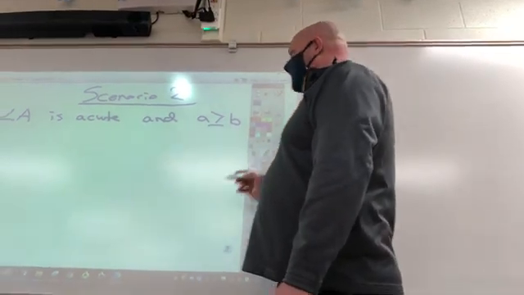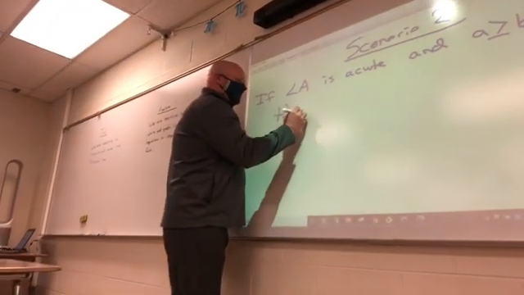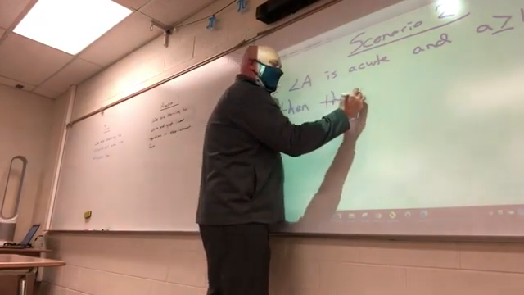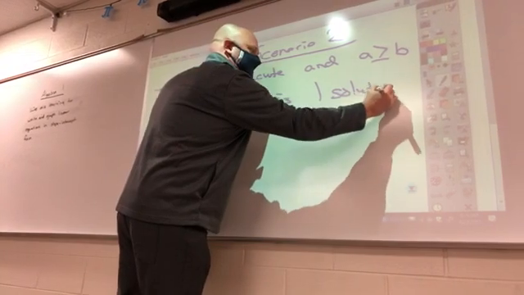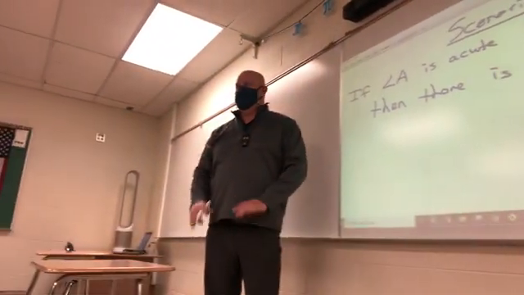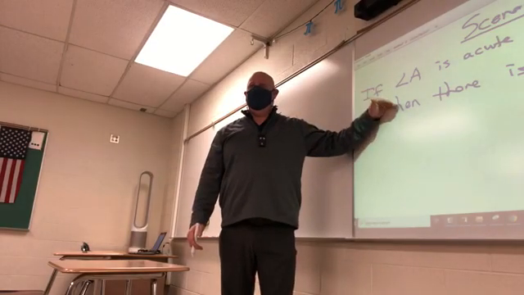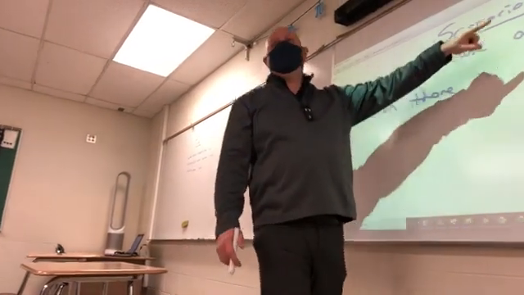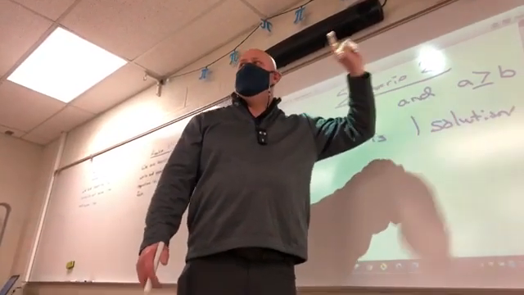If this is the case, then start solving it. It's just that simple. If you're given an acute angle and the side opposite is the biggest side so far, it's one solution.